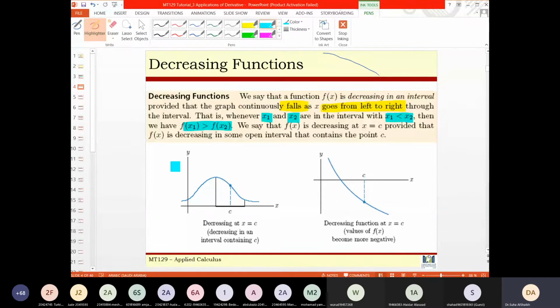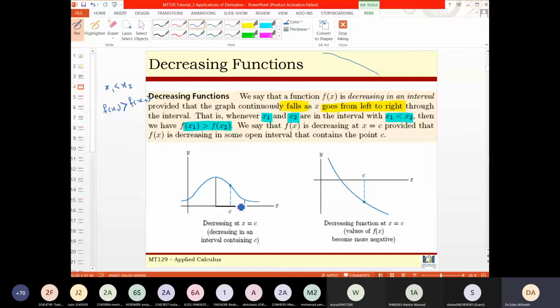Can you see? We have a switching. Although x1 is less than x2, f of x1 is greater than f of x2. So the function is decreasing here.